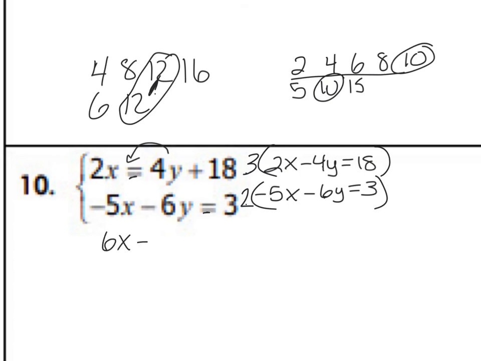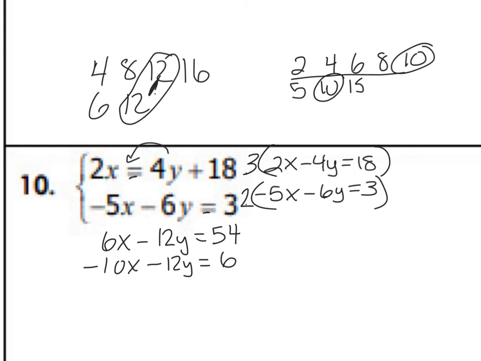6x minus 12y equals 54. And then negative 10x minus 12y equals 6.